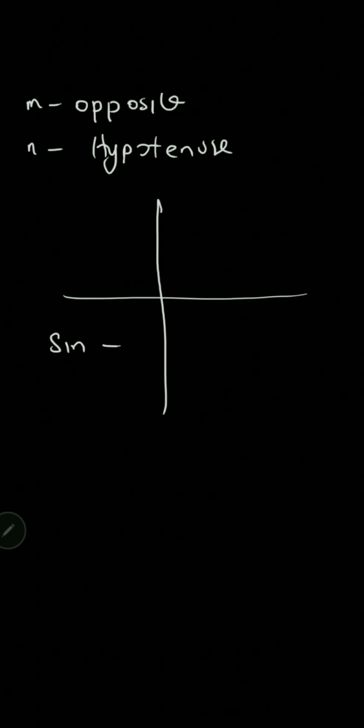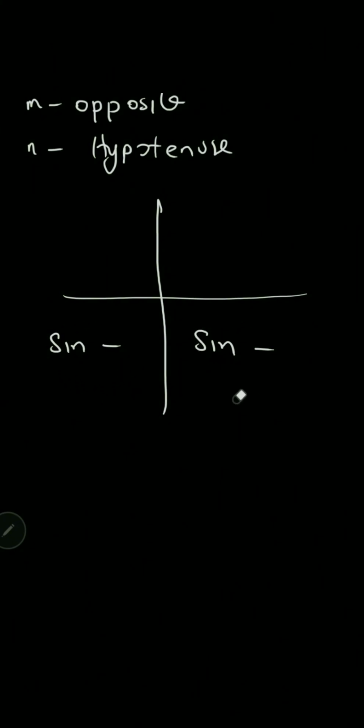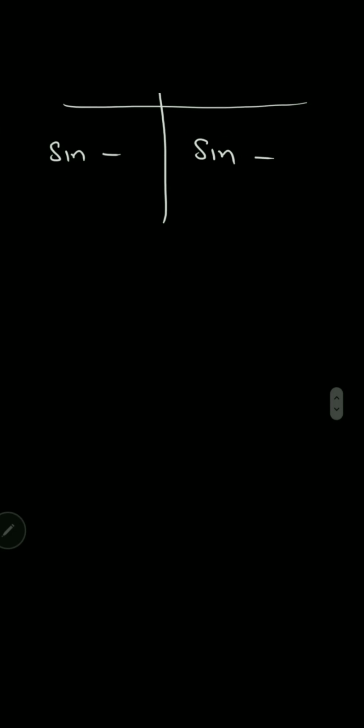Okay, so we know that sine is negative in the third and also in the fourth quadrant. So we're going to find the values of cos and tan in the same particular quadrants where sine is negative. So I'm going to draw another diagram which represents the quadrants. So do this.